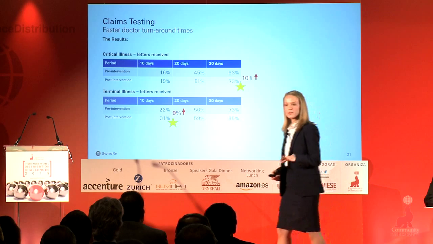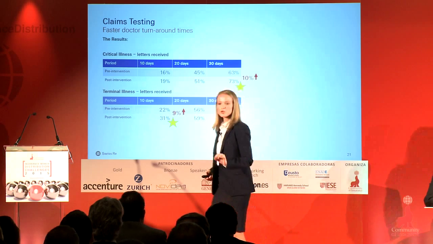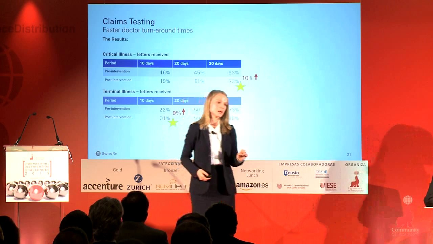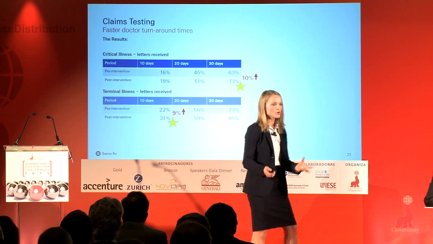The insurance company was very, very pleased with these results, and they said that in terms of their satisfaction and their image, this made a huge impact. And again, we're doing very similar tests in claims, but also in the underwriting process, because in some countries, when you gather the information, you also have to get some inputs from the doctors, and that also tends to take a pretty long time.